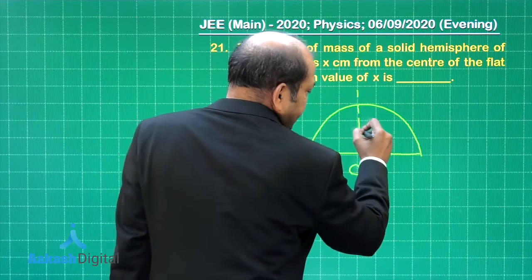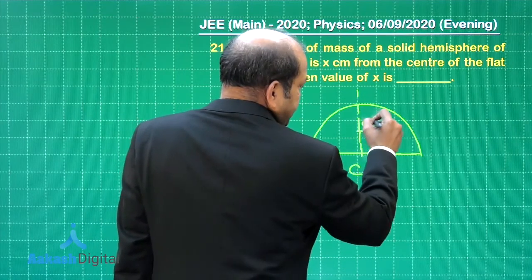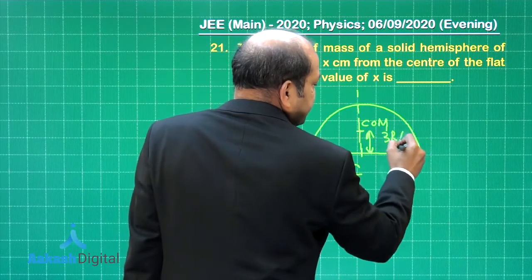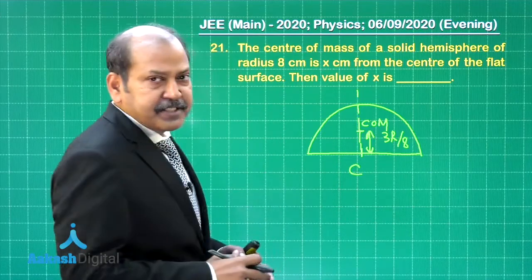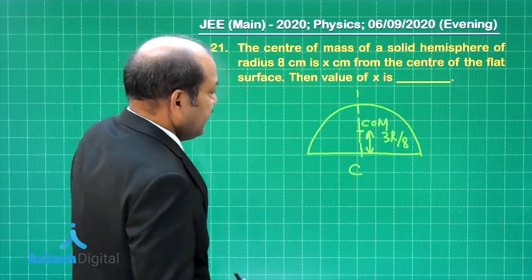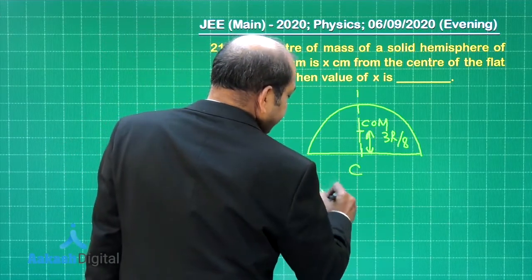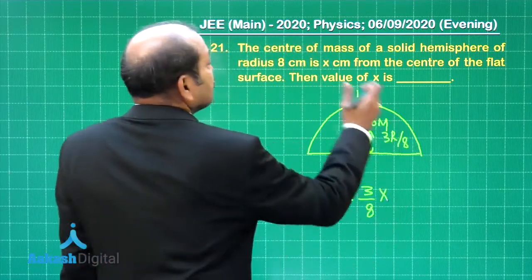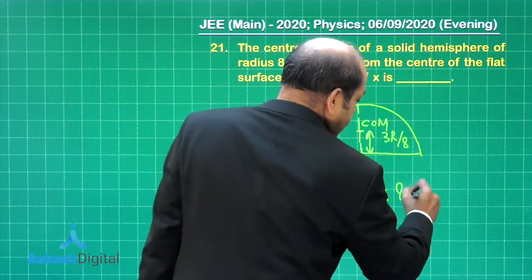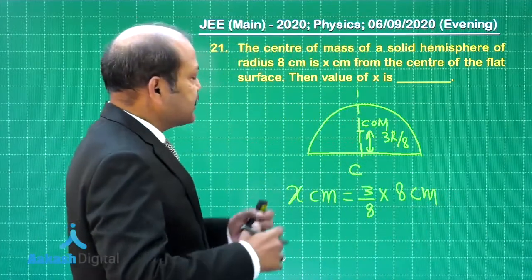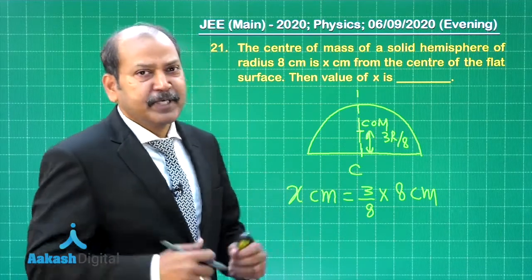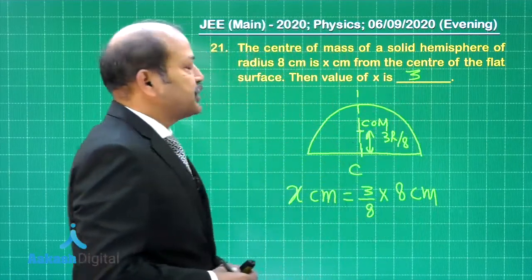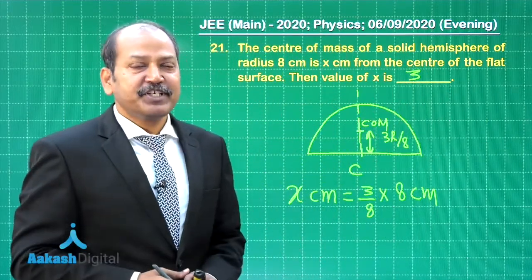Somewhere here is the center of mass, let's call it COM, and this distance is 3r divided by 8. So the distance x centimeter is equal to 3 by 8 into the radius, which is 8 centimeter, and that clearly shows that the value of x is coming out as 3. So let's fill in 3 here. Question 21 is done. Let's go to question number 22 now.